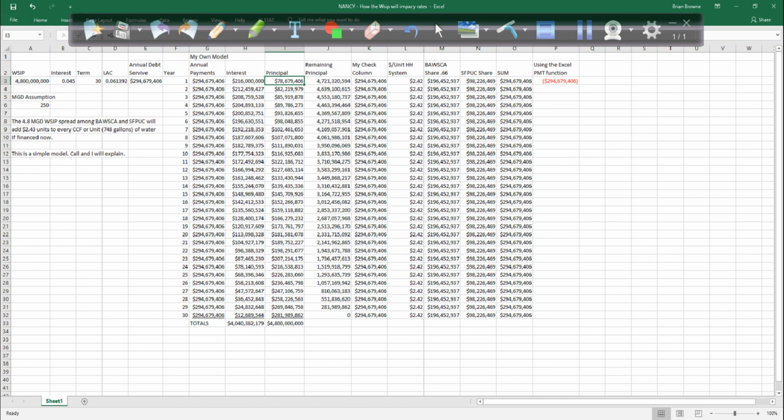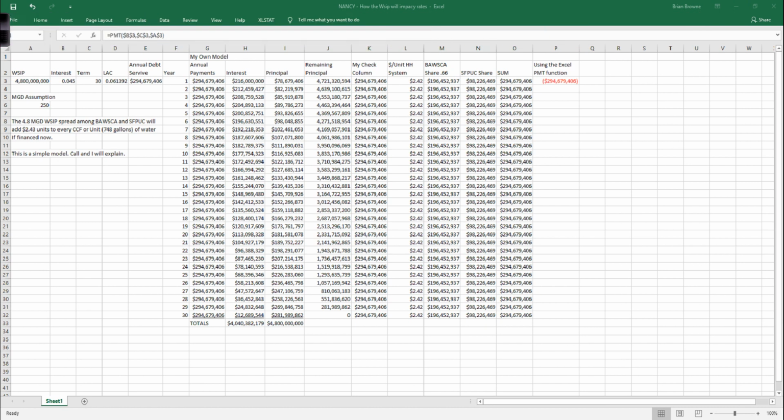The equation is quite easy, or you can just go and use the payment function in Excel. And with the payment function, you put in the B3. What is B3?